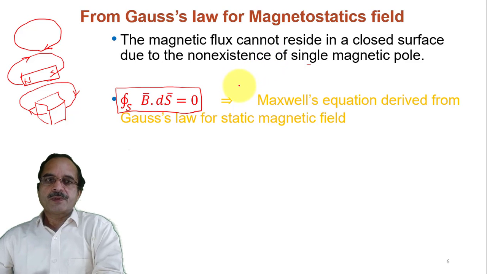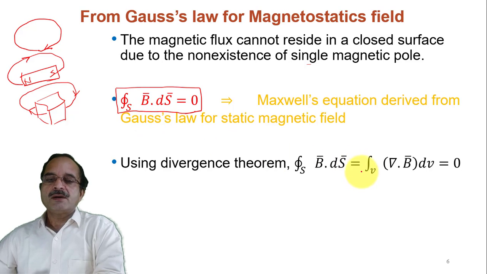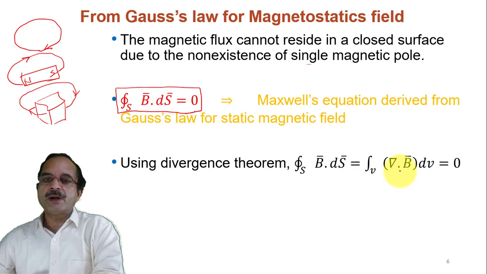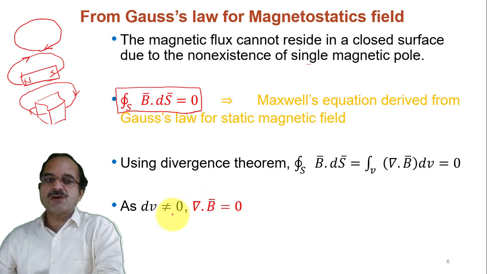So let us find out the differential form or the point form of this equation. For this purpose we apply divergence theorem here. So the surface integral B dot dS, we can write as volume integral divergence of B dV equal to 0. Now dV is a small volume which is a non-zero quantity.